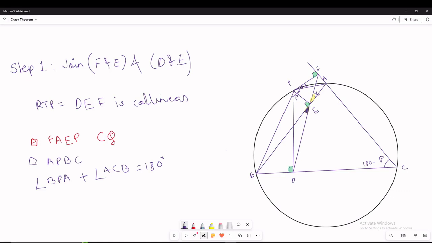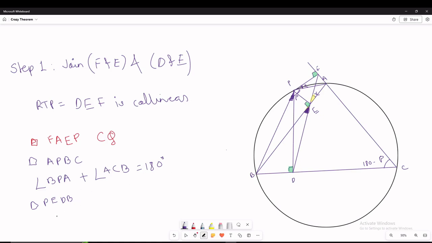Okay. So one more cyclic quadrilateral is this one, PEDB, through which we can say that this angle and this angle are two angles subtended by the same chord on the circumference, by which those two become equal.